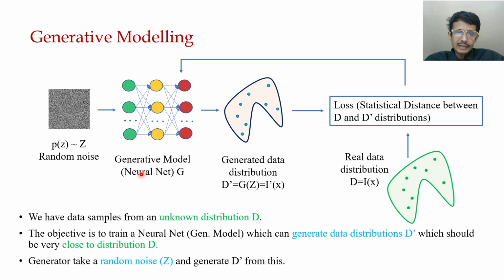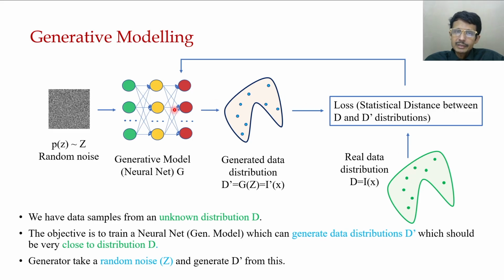The input of the neural net comes from a random noise, and we generate these samples, and compare them with the real data distribution.